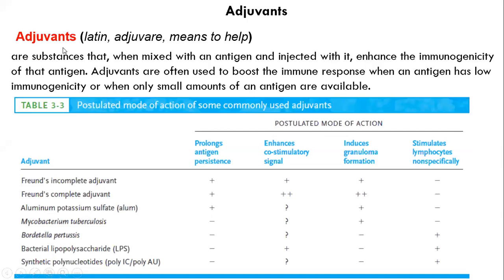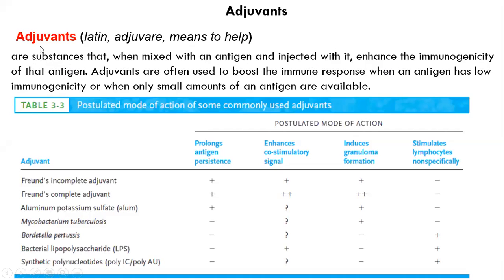Coming on to another concept called adjuvants. In immunology, the adjuvant is an important concept. An adjuvant is a molecule; the word is derived from Latin, adjuvare, meaning to help. It tries to help the immune system and the antigen. Adjuvants are substances that, when mixed with an antigen and injected with it, enhance the immunogenicity of the antigen. We know that not all antigens may be immunogenic, but to enhance their immunogenicity, you can use specific molecules in a cocktail combination.